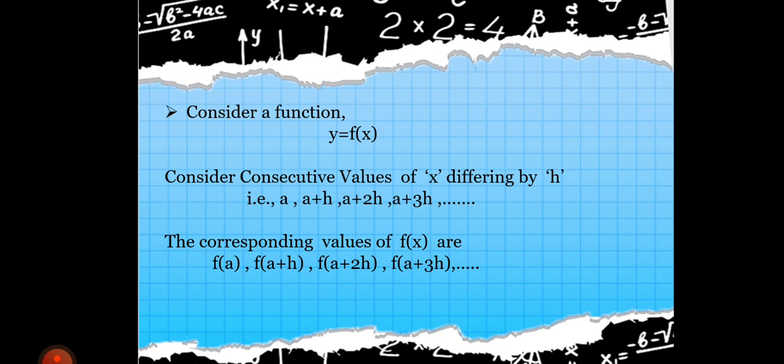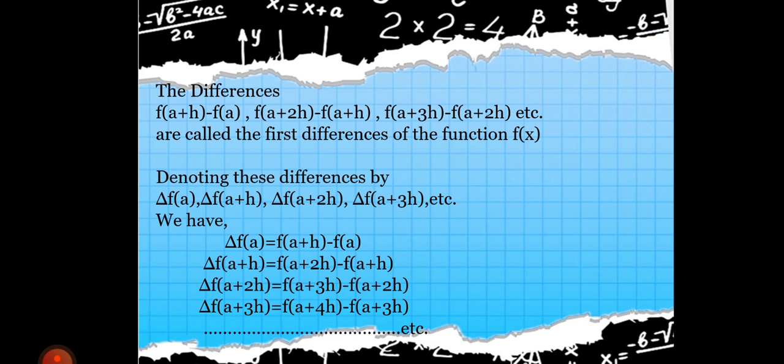Here we can calculate the differences f of a plus h minus f of a, f of a plus 2h minus f of a plus h, f of a plus 3h minus f of a plus 2h, etc. These are called the first finite differences of the function f of x.